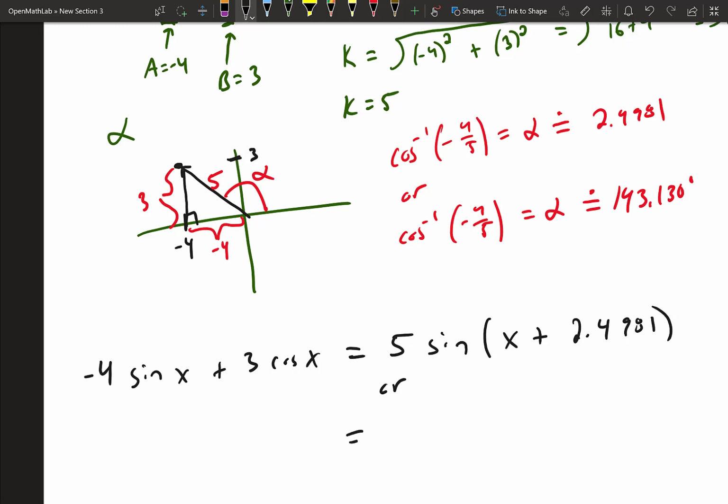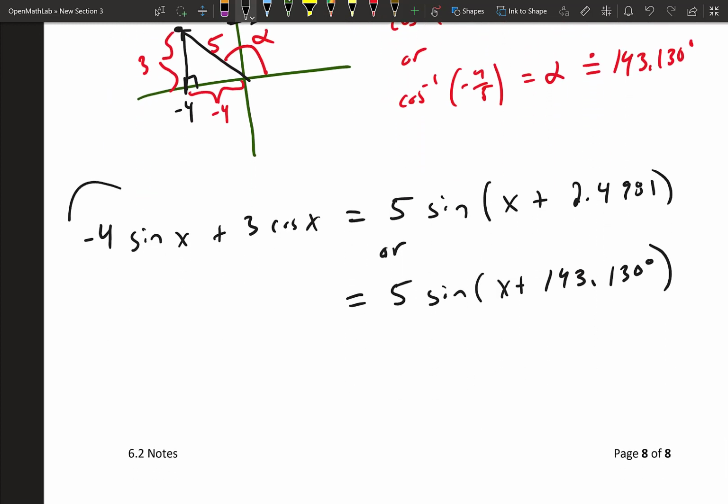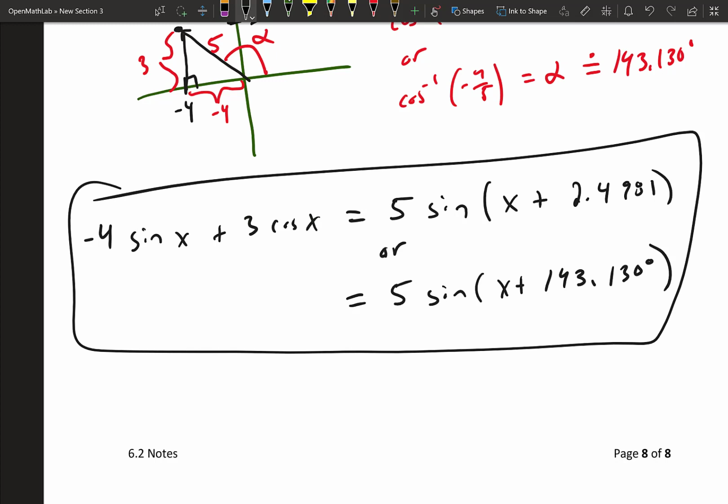Or we could say it's equal to 5 sine of x plus 143.130 degrees. So that's what we were after. And it didn't specify if we wanted radians or degrees.